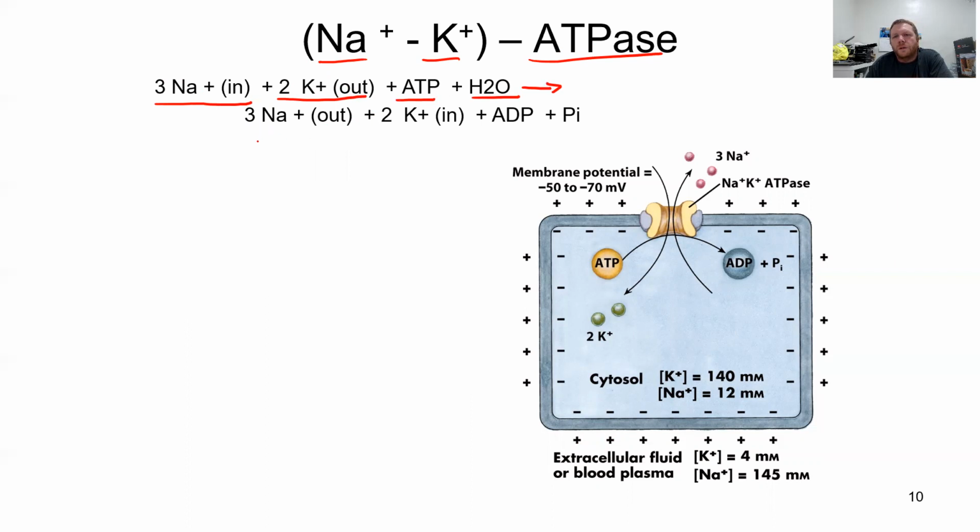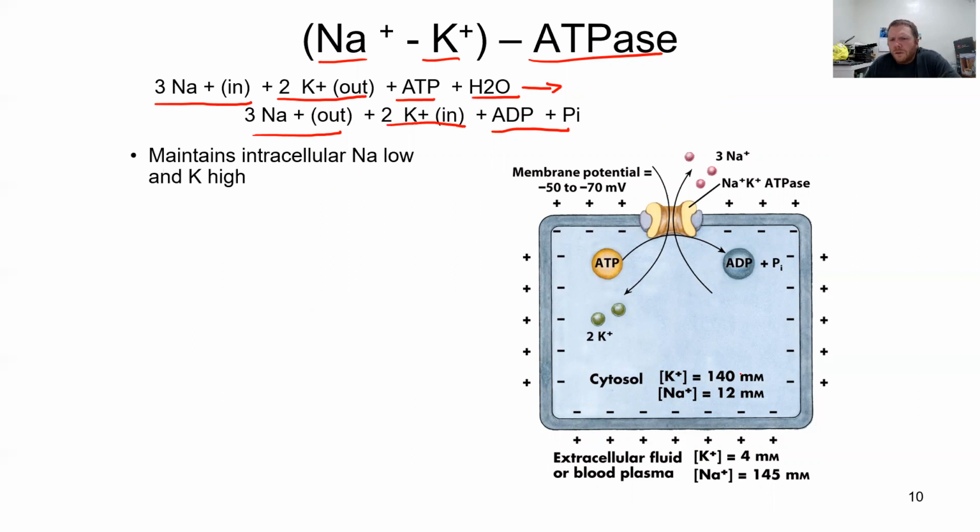And what is going to ultimately be released is 3 sodium ions are pumped out, 2 potassium ions are pumped in, and we get ADP and Pi. So this is going to maintain a low sodium concentration intracellularly and a high potassium concentration.